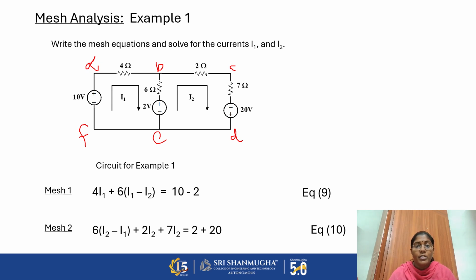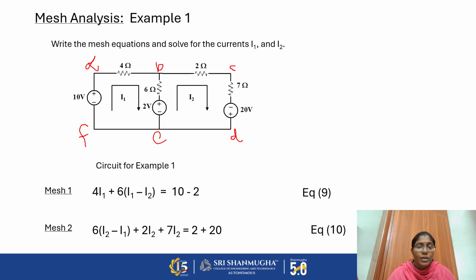Here we can find two voltage sources. In both, the current I2 flows towards the plus terminal, so across the 2 volt source it is plus 2, and across the 20 volt source it is plus 20. The voltage across the resistances is written on the other side of the equation: 6 into I2 minus I1.